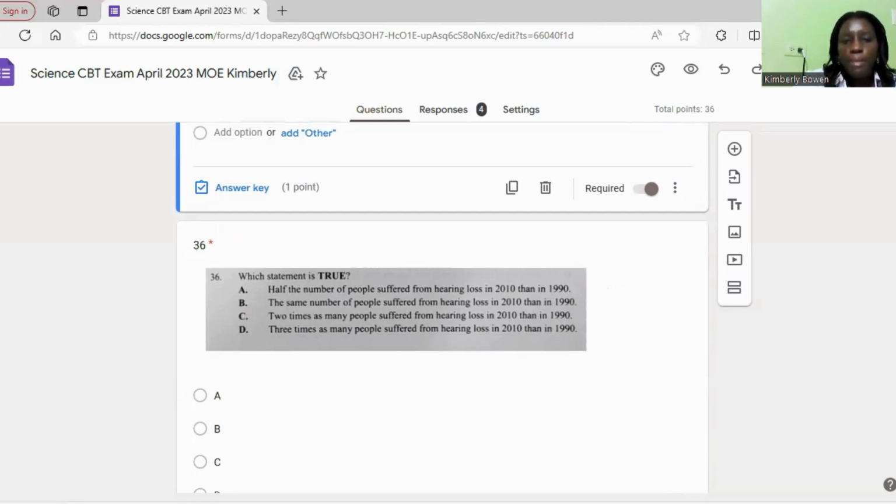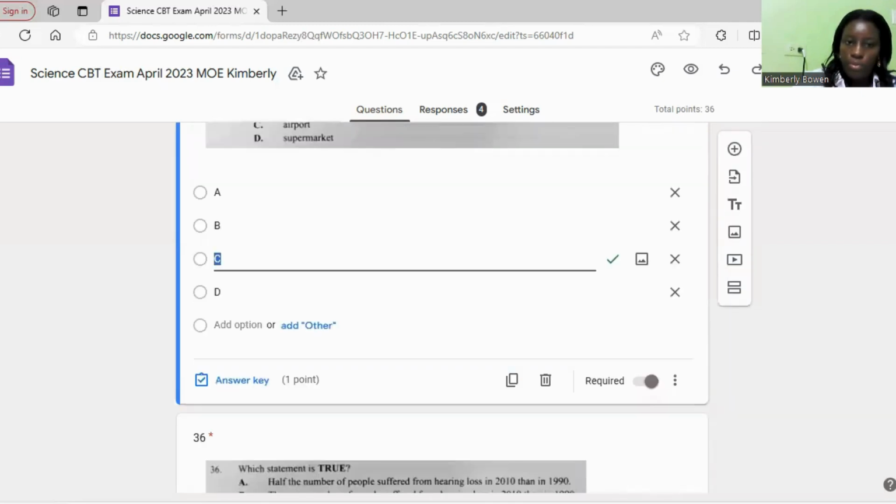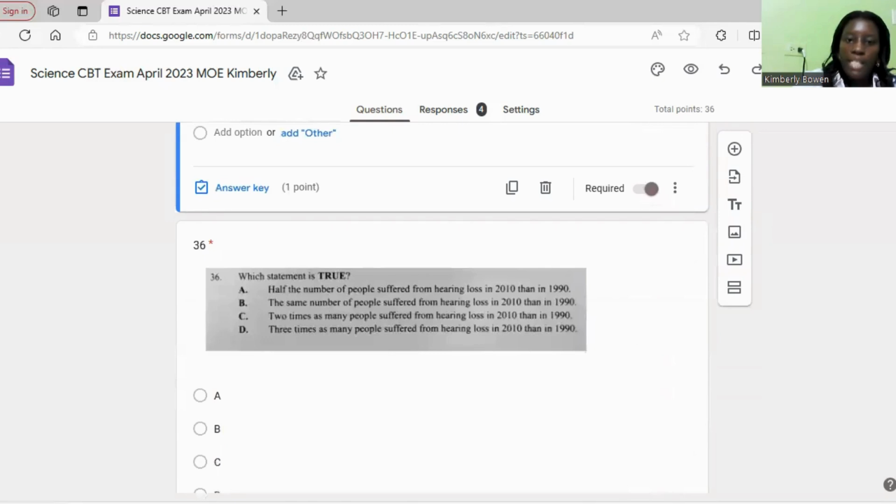Let's look. We're looking at the hearing loss one, which is 1, and 2010 is 1 and 2. Okay, let's look at the other option. Two times as many people suffered from hearing loss in 2010 than in 1990. That looks to me the correct answer.